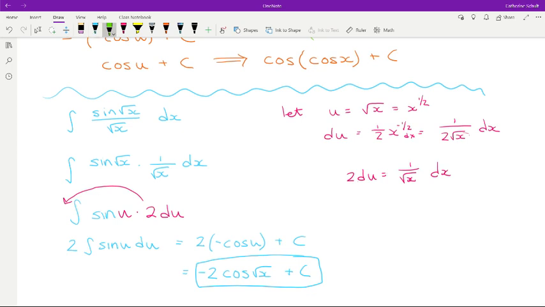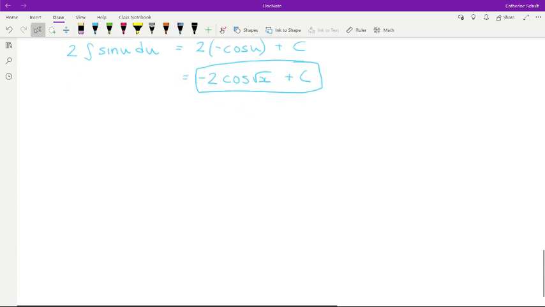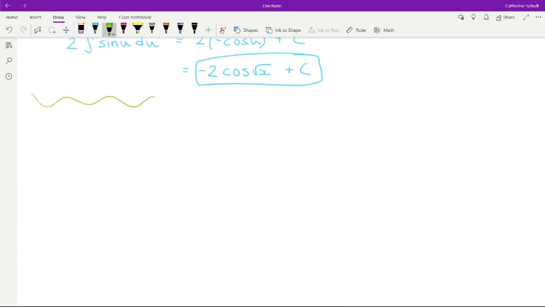Good. Let's look at an example that's a little bit different. Let's say we're looking at the integral of the square root of x times x plus 2 dx.